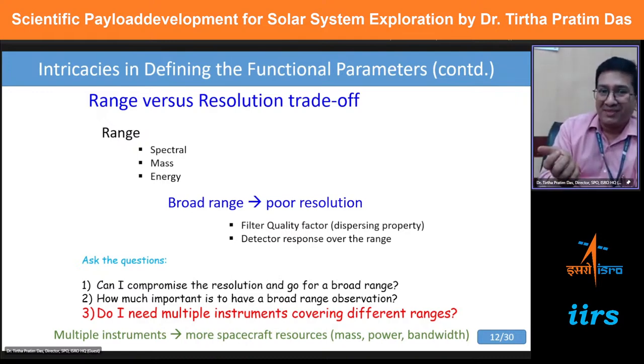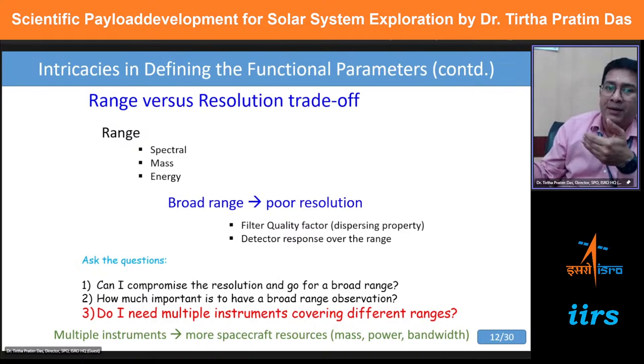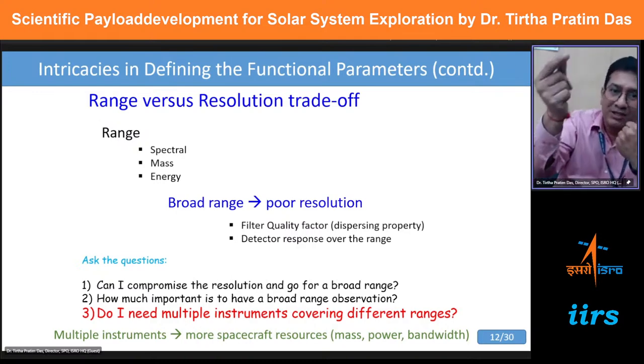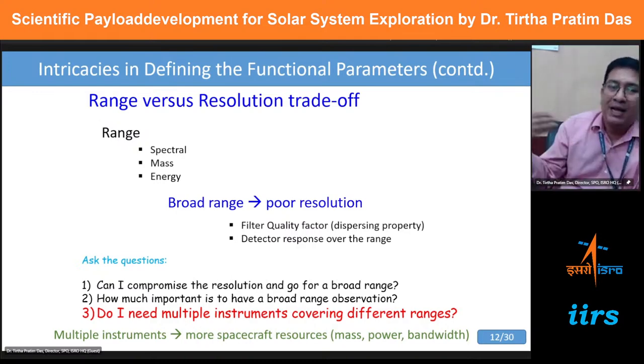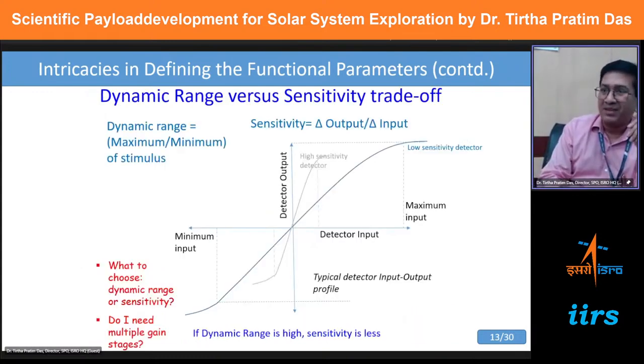So you may need different ranges of measurement. We call it a hyperspectral measurement. Resolution starts crying, what should happen to me? Once you go for multiple instruments, more spacecraft resources are necessary: mass, power, bandwidth. That also you have to consider.